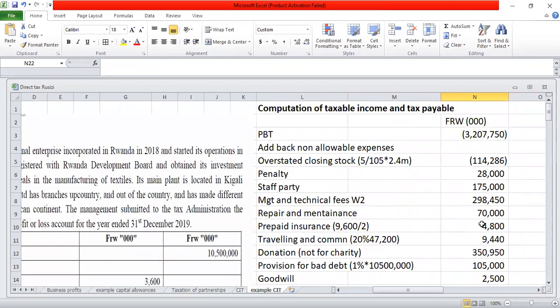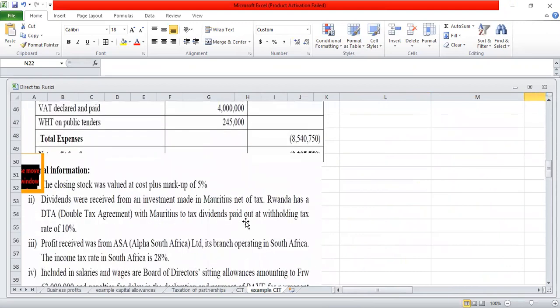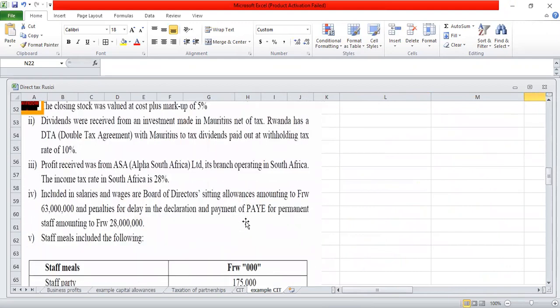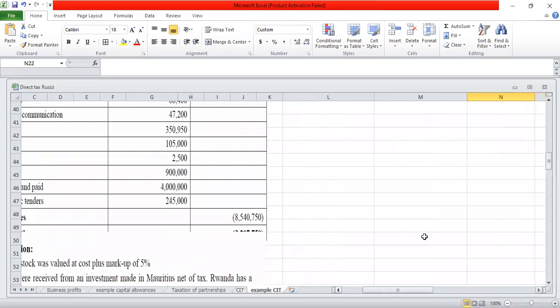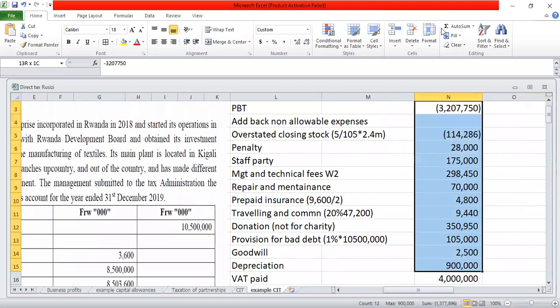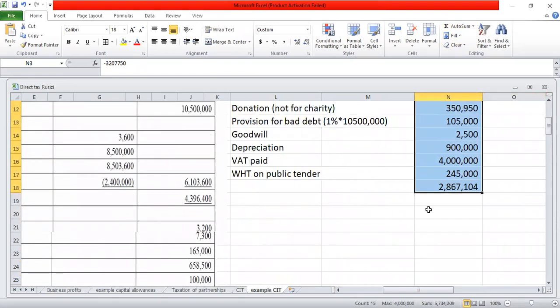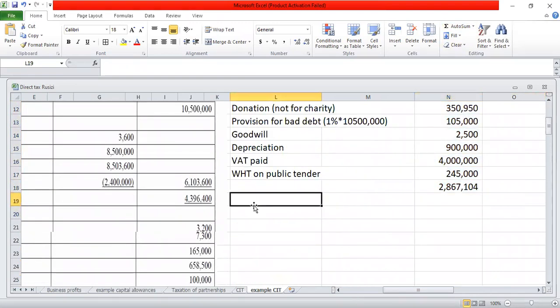So I think from what we have seen, these expenses are not allowed. And I don't know if I've left something else here, including sales and wages. We have looked at that stuff. Then we are going to look at the incomes, I think. So that is it.